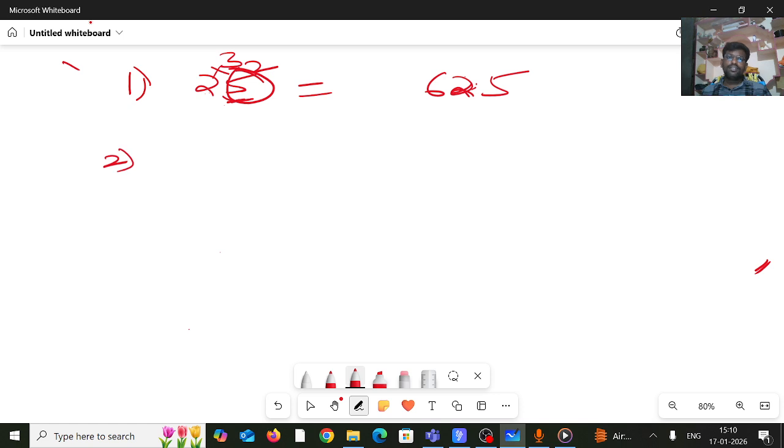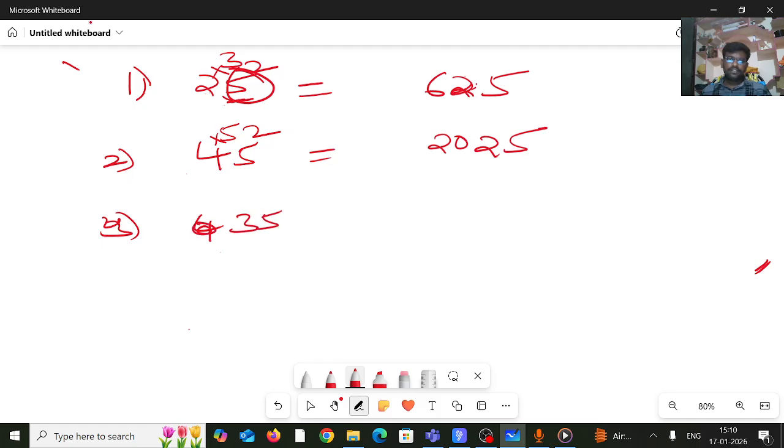And after discussing 2 or 3 more examples, you will get to know what this is. 45 square. This square number also ends with 5, right? 5 square, 25. 4, next number 5, 4 into 5, 20. 2025. 35 square.